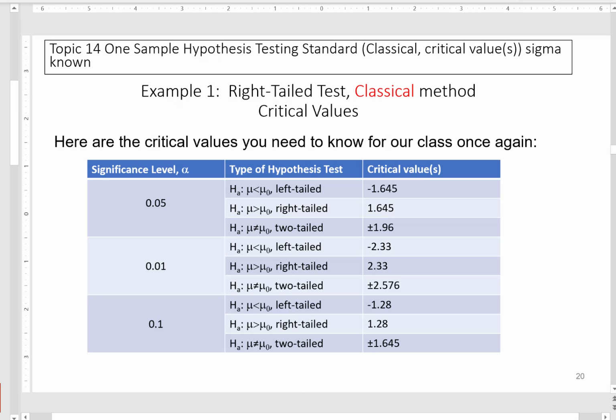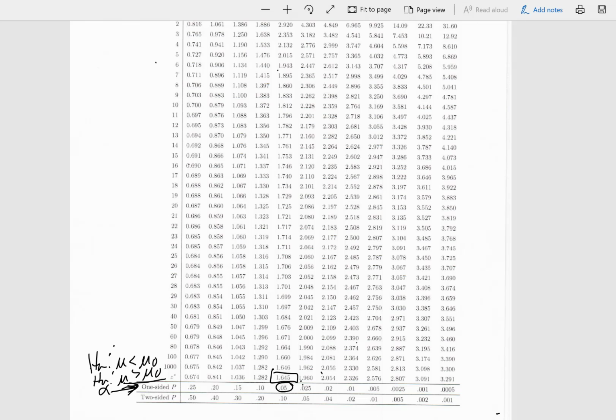For a 0.05 significance level, your left-tailed test is negative 1.645, positive 1.645 for a right-tailed test. For a 0.01 significance level, for a left-tailed test, it's negative 2.33 and positive 2.33 for a right-tailed test. Well, there it is. 0.01 is your alpha, and 2.33, if you round that to the second decimal place, it would be 2.33.